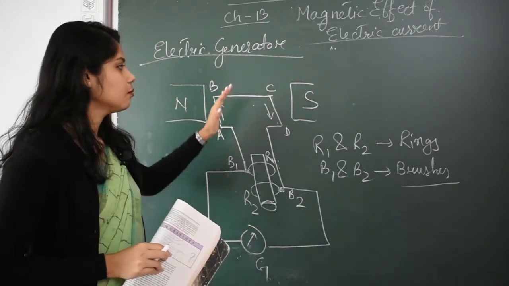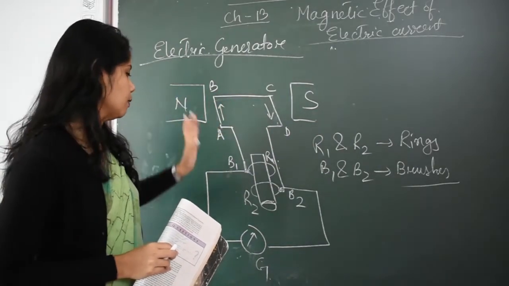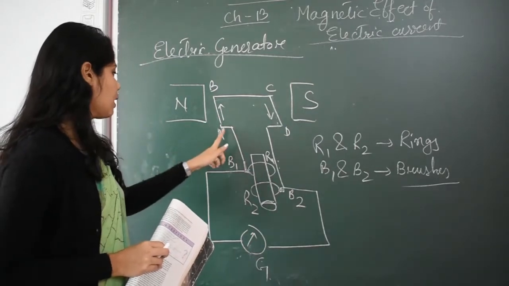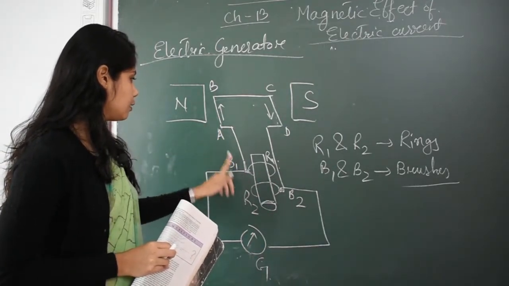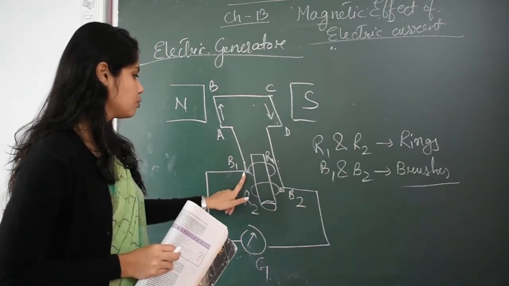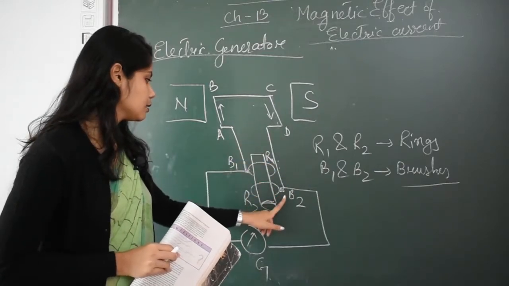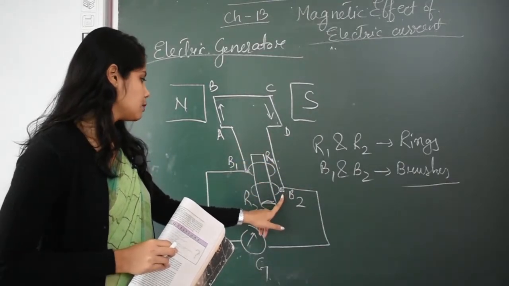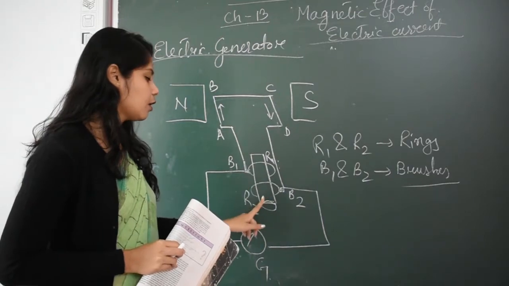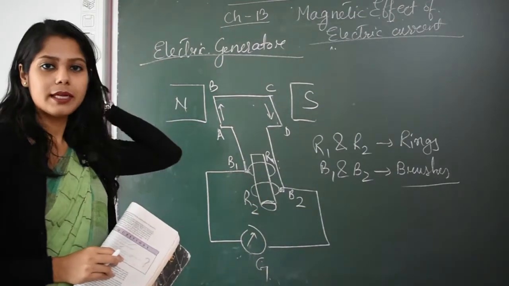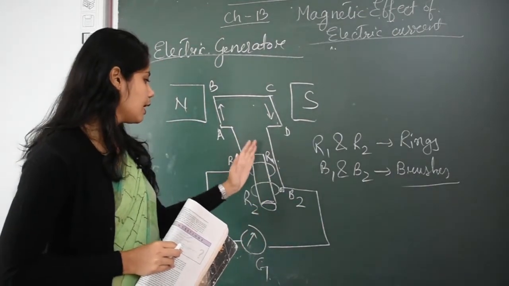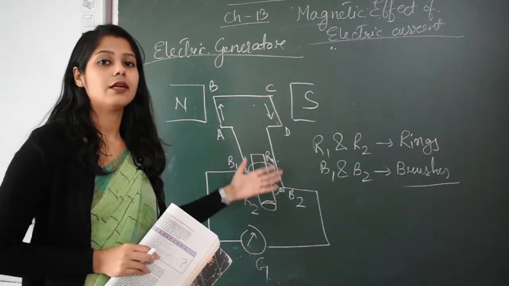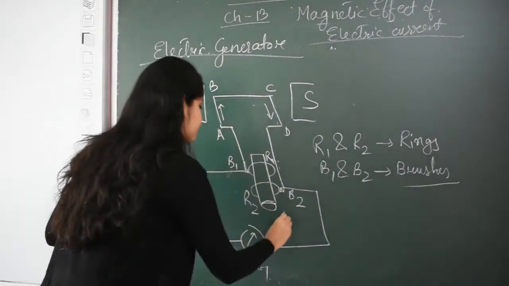This is the same insulated copper wire, but the difference is that one end of the copper wire, A, is connected to brush B1 and the other end is connected to brush B2, and these brushes are on the rings R1 and R2. These rings are not split rings, these are complete rings and they are covering this axle, or the axis.